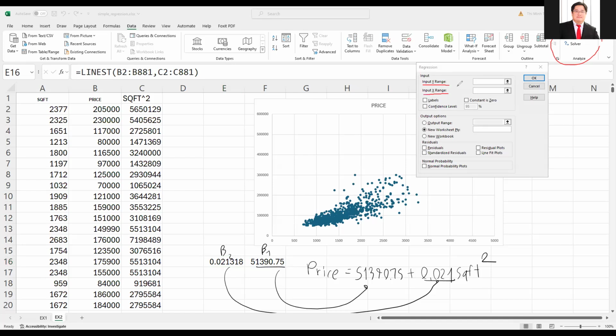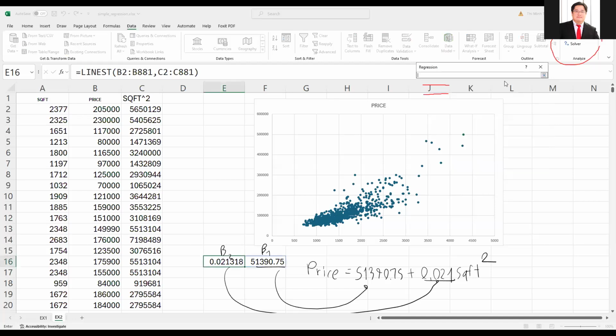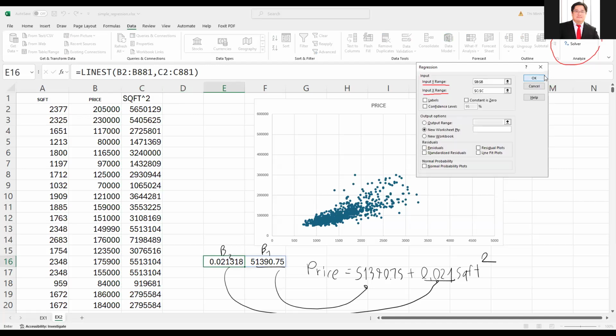So click on Input Y range. Since Y means the left-hand side, you have to choose price. So click on B here. And for input X, you choose square feet. And then please check Labels, including the title name.